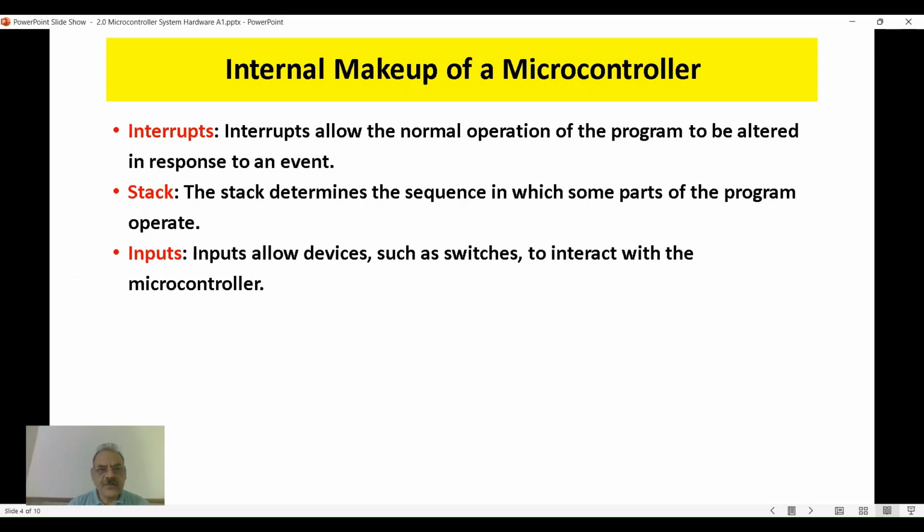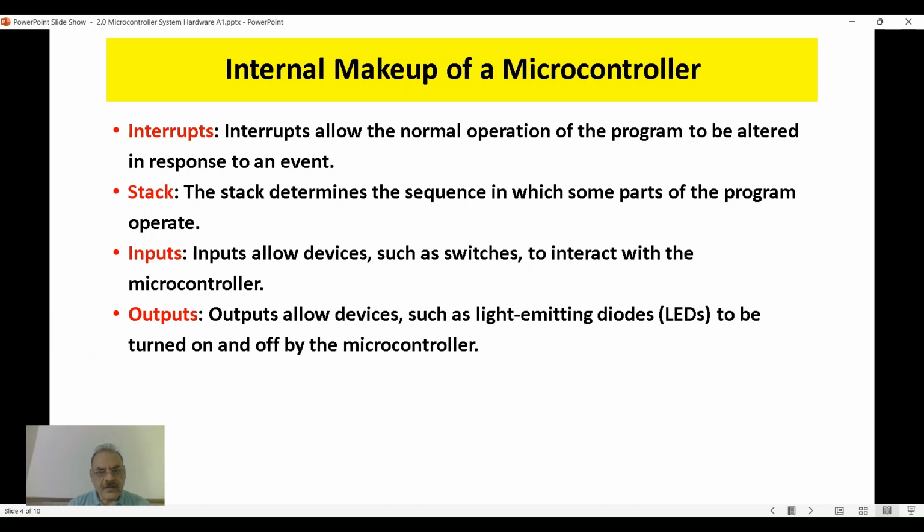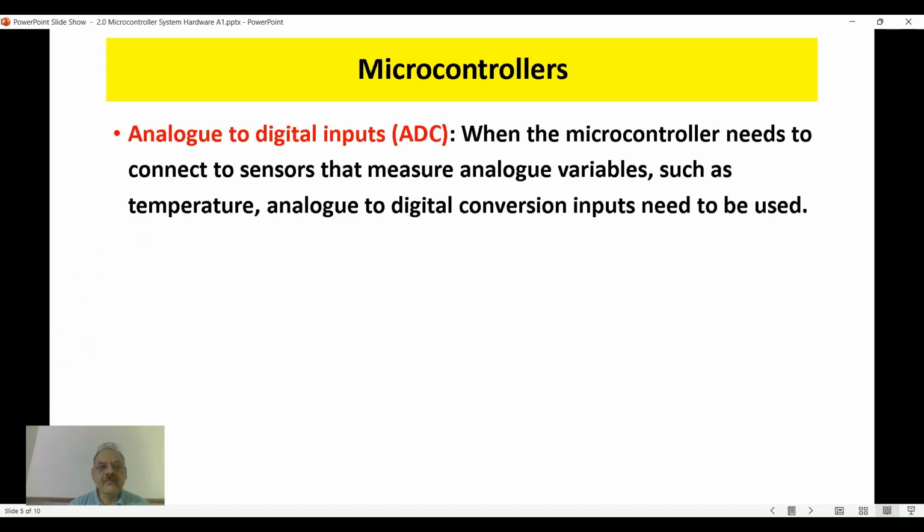The inputs to a microcontroller are switches, sensors, temperature sensors, and other sensors, whereas the outputs are LCDs, light emitting diodes, motors. These are the outputs. Analog to digital input, these are also inputs.